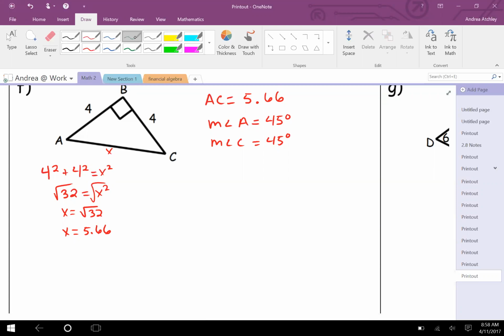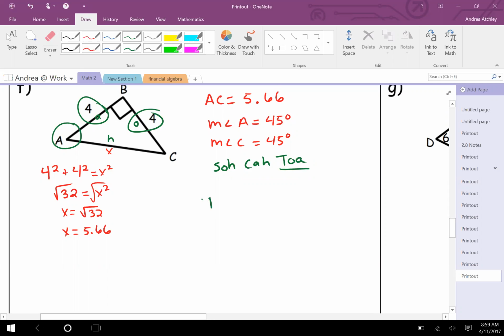Then for the missing angles, I found angle A first. I labeled this the opposite, this the adjacent, and this is the hypotenuse. I use SOHCAHTOA, and that tells me tangent is the one that uses the opposite and the adjacent.